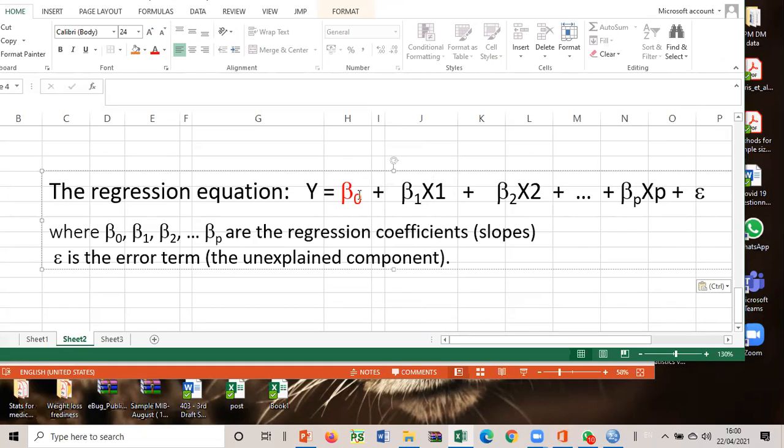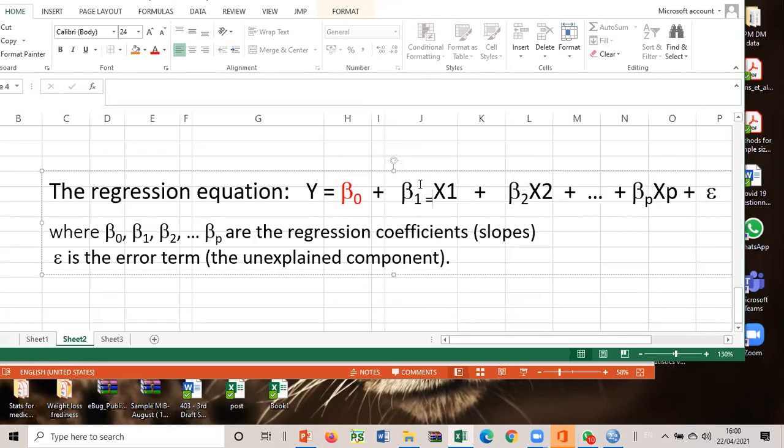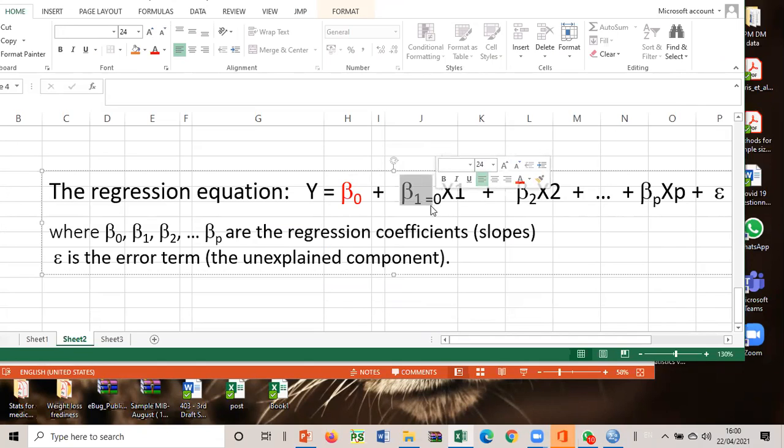The constant, this is B naught, the constant. If B1 equals 0, then Y equals B0. B1 equal to 0 means it is not dependent on x1. The slope is 0. That means Y does not depend on x1.